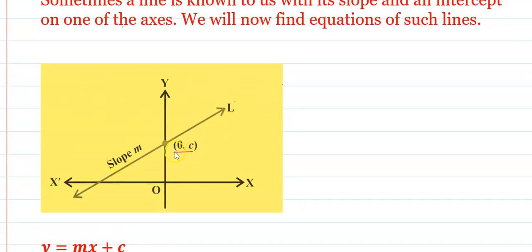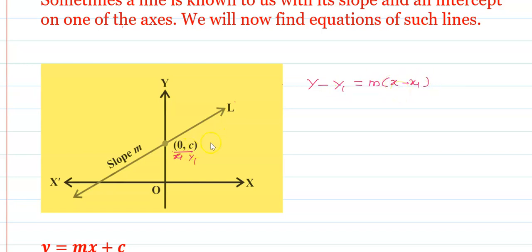It means that if you know any point on that line and its slope, then its equation is nothing but y minus, this is the x1 and y1, we can apply the slope point form also. Here y minus y1 is equal to m in bracket x minus x1.